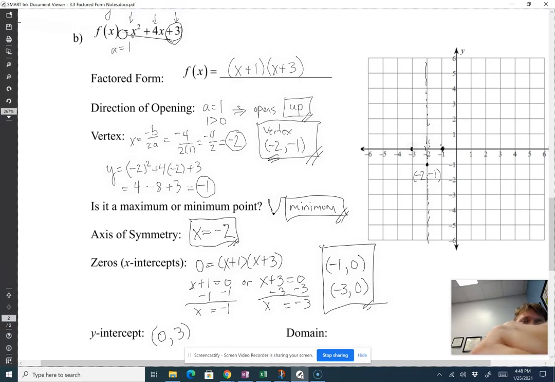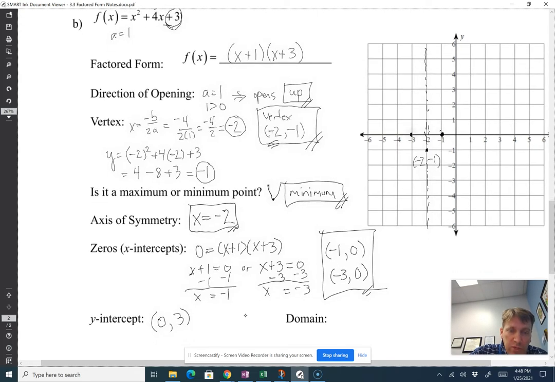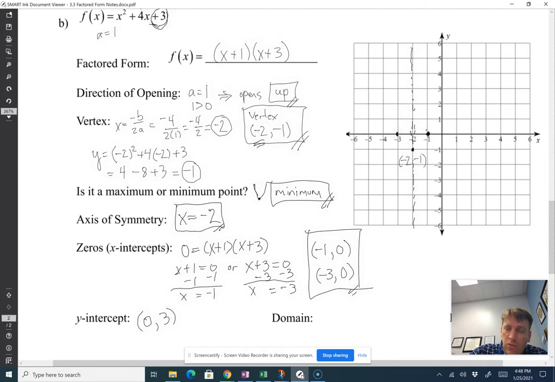Let's see, that's just the c value, which is 3. That's the y equals 3. So 0, 3 is where this crosses the y-axis. So we go up here to 3, and we can graph a point.